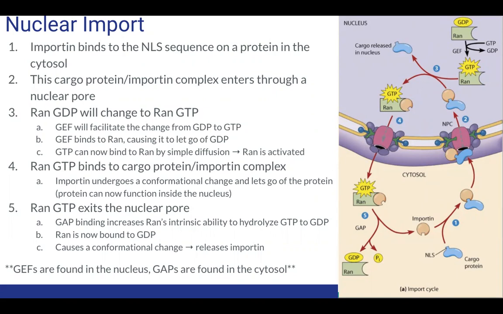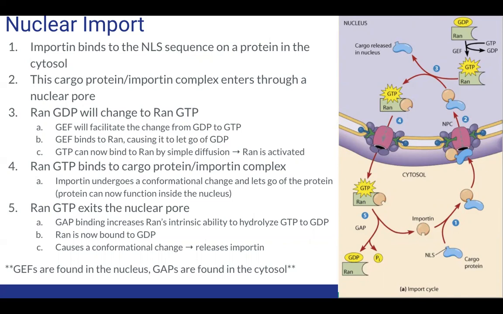And once it's inside the nucleus, RAN that is bound to GDP, with the help of a GEF, will change to a GTP-bound state. And this allows that RAN to bind to the cargo protein and importin complex.